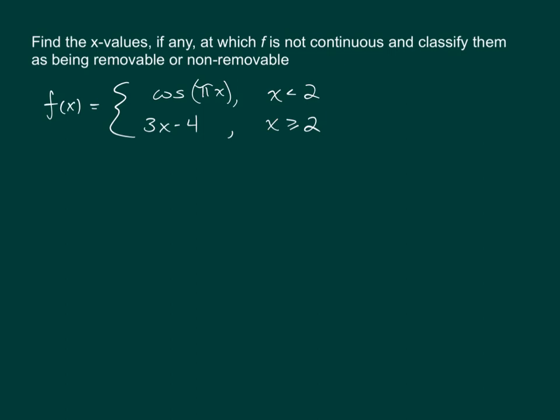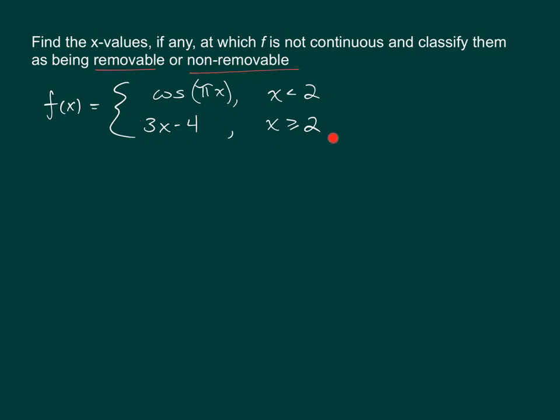For this example, we're doing something very similar to the previous examples, finding where the removable or non-removable discontinuities are. In this particular example, we need to check 2 things. The first is, are there any discontinuities of these functions on their respective interval?